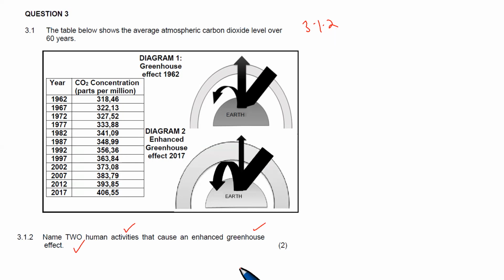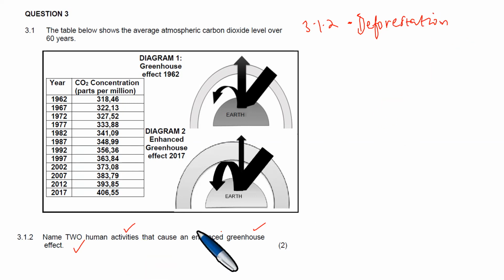What do humans do that causes an enhanced greenhouse effect? People chop down the trees in the environment. This is what we call deforestation. Deforestation is one big problem.